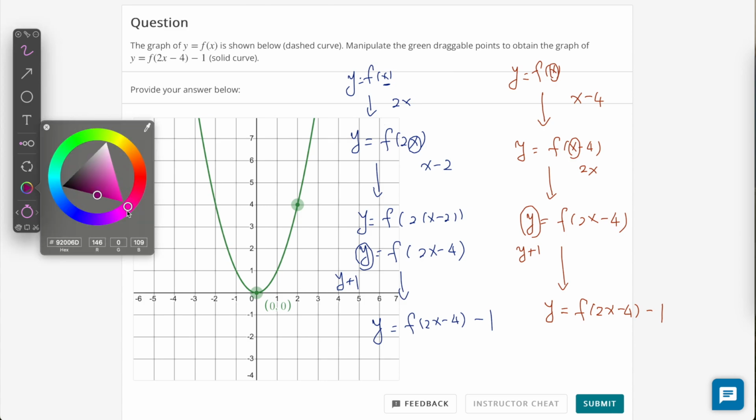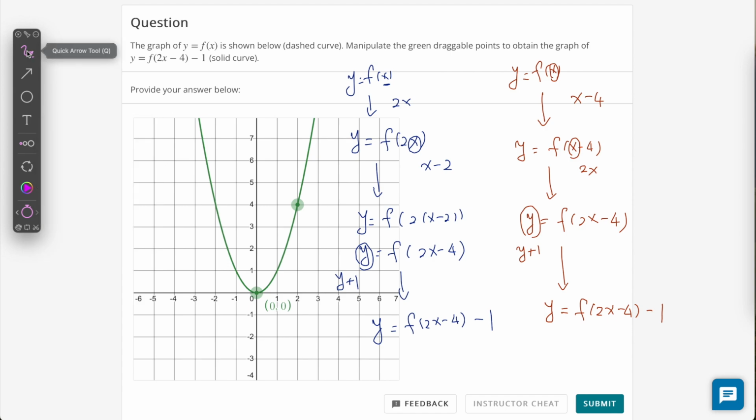Use this color. In the note, it says replace x with 1 over bx. And according to what the value of b is, we determine if it's a compression or a stretch. Right?